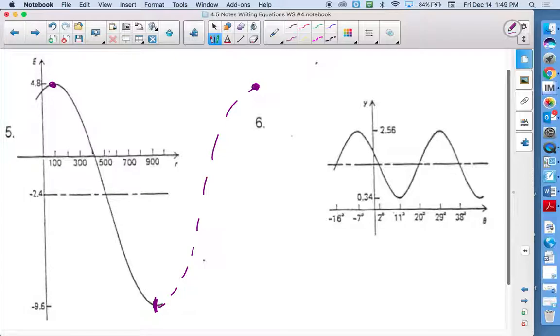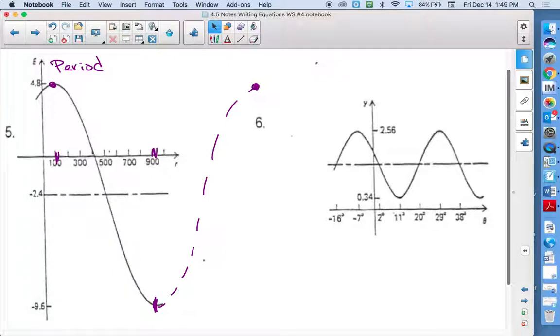Just double it. So for number 5, the period, well, right now we have 100 to 900. So you're going to double that, because everything is symmetrical. So half the graph, double it to get the other half of the graph. Or you could create the other half of the graph. You could extend it if you wanted to. Questions?